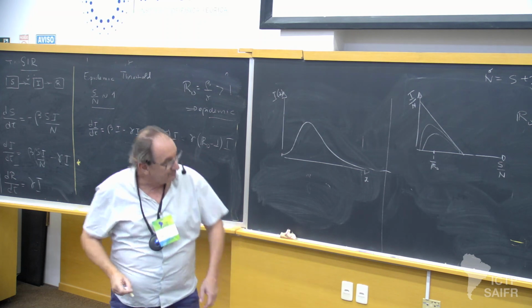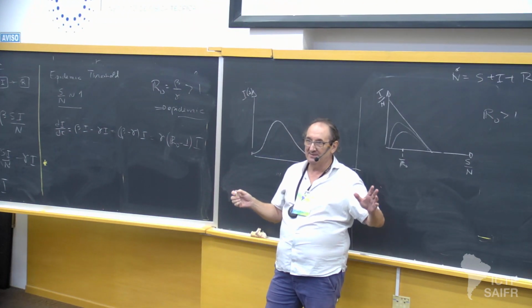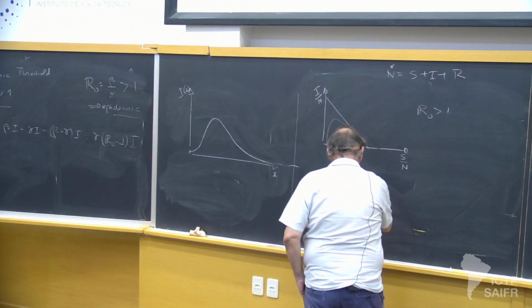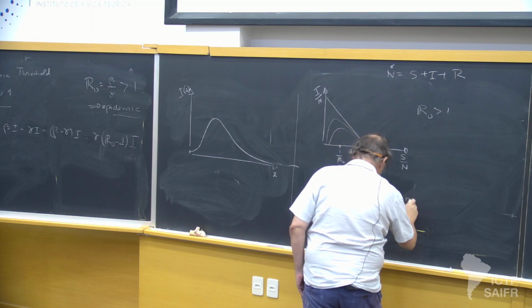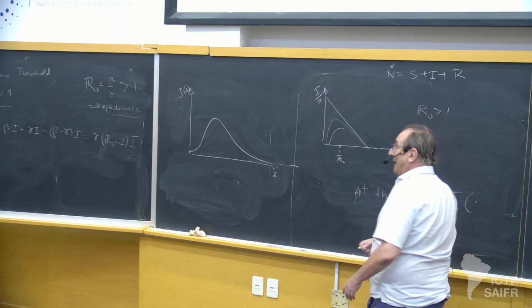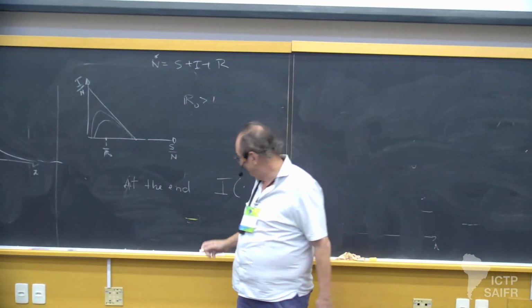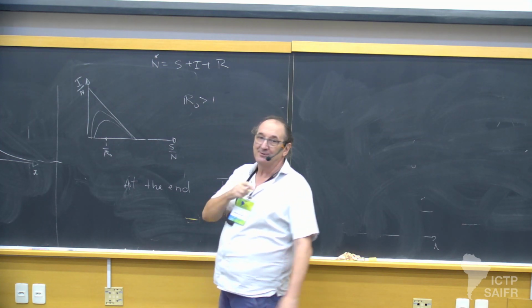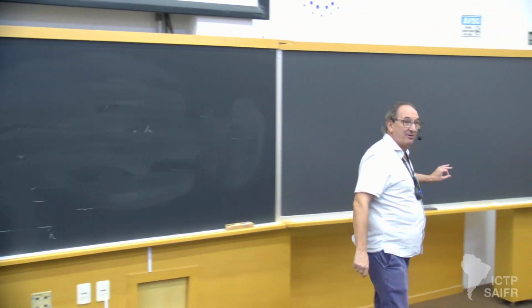Now, at the end of the epidemic, I of time, at the end, at time infinity, is 0. The epidemic then burns out.